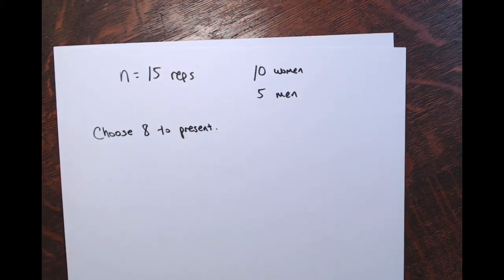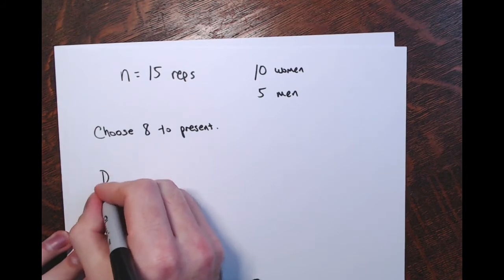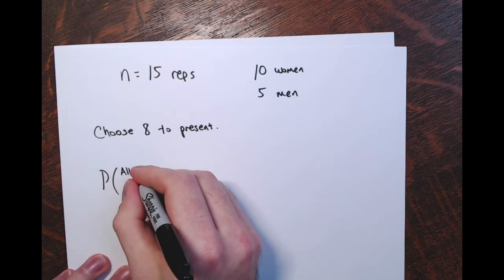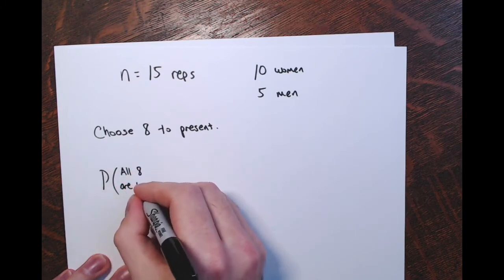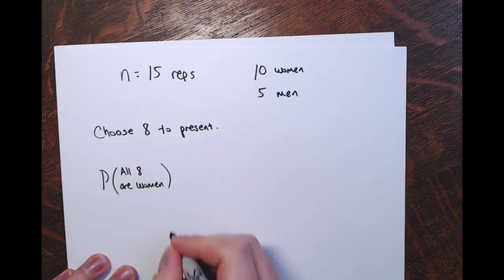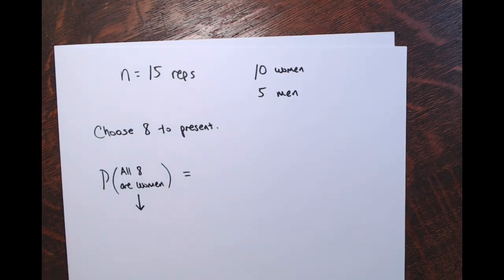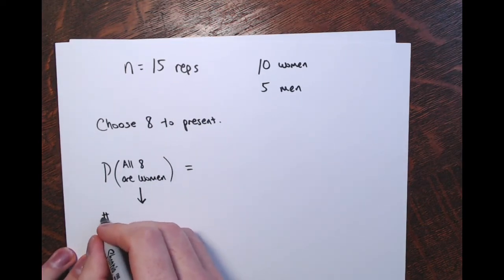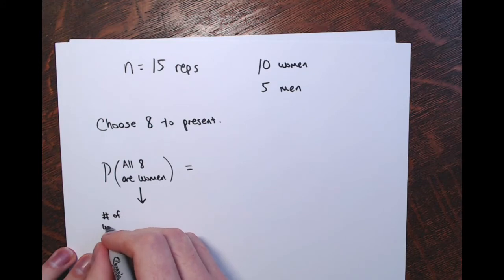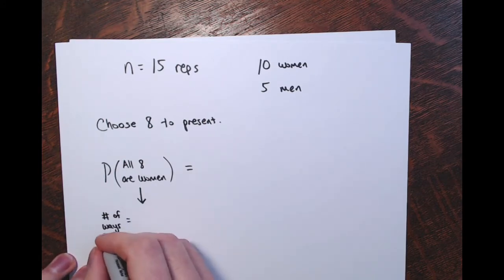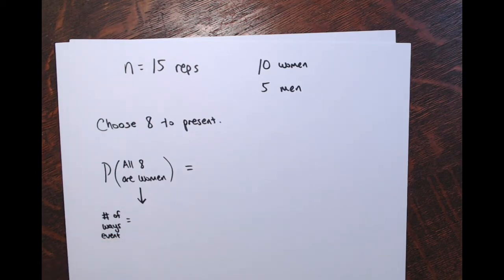Now the question is, what's the probability that all 8 of them are women? So again, same deal. I'm going to take this event, the fact that all 8 are women, and count how many ways that can happen. Number of ways for this event to happen where all 8 people I select are women.